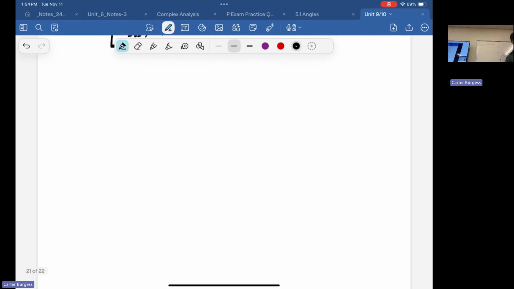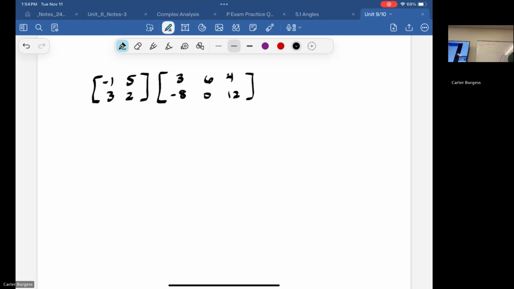Okay, so let's take a look at this setup here. We are trying to find both of these products if possible, although what I want to determine is which one will be possible and which one will not. A, B, which in this case is -1, 5, B, 2, times 3, 6, 4, -8, 0, 12.